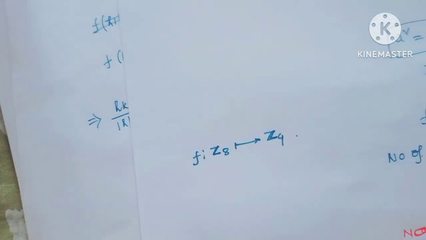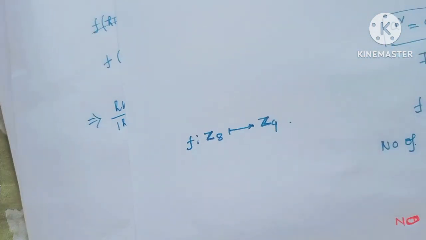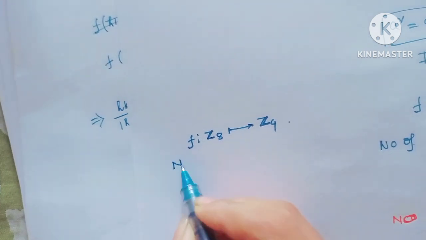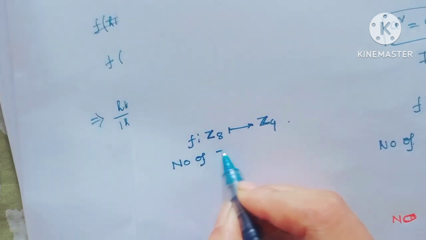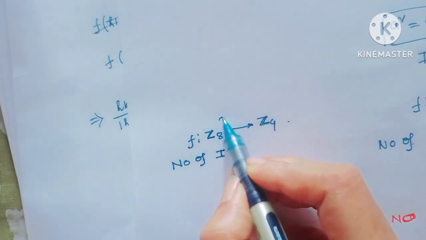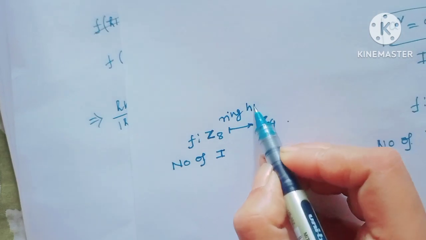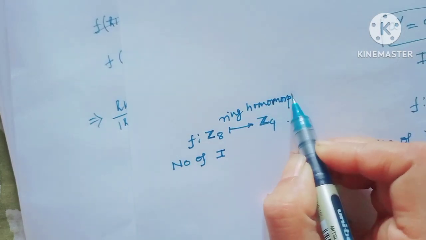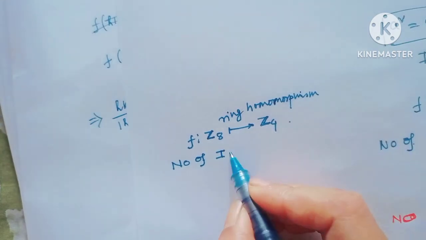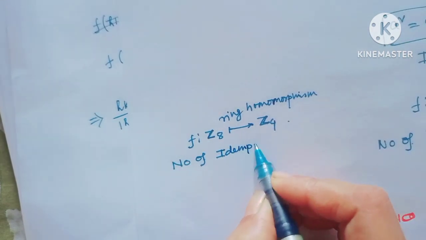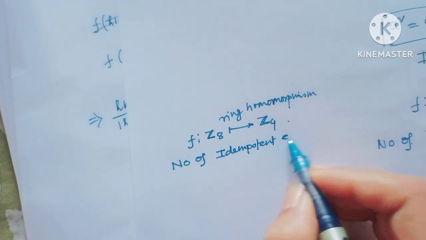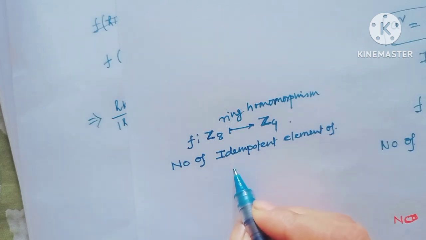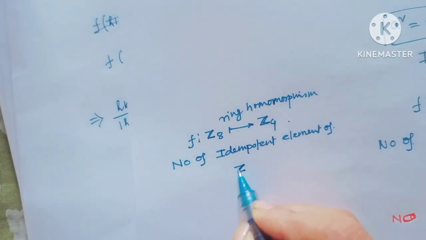Now consider a mapping f from Z8 to Z4. Then the number of ring homomorphisms from Z8 to Z4 is the number of idempotent elements of Z4.